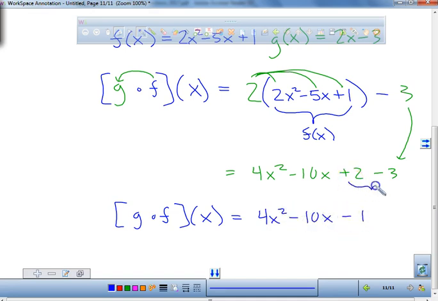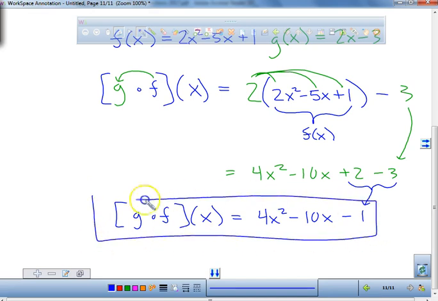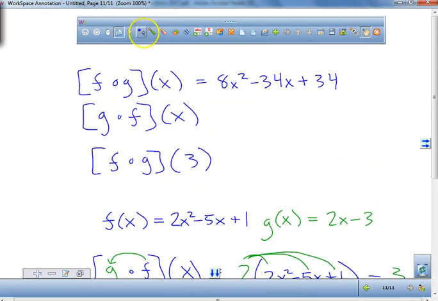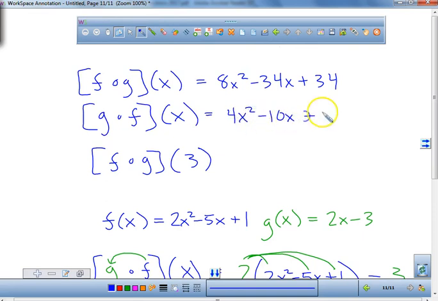Minus 1, because a plus 2 and a minus 3 combined together equal a minus 1. So this right here is the second answer. G of F of X was 4x squared minus 10x minus 1.